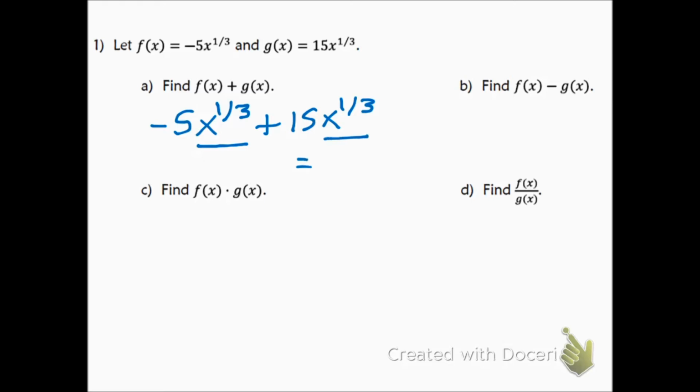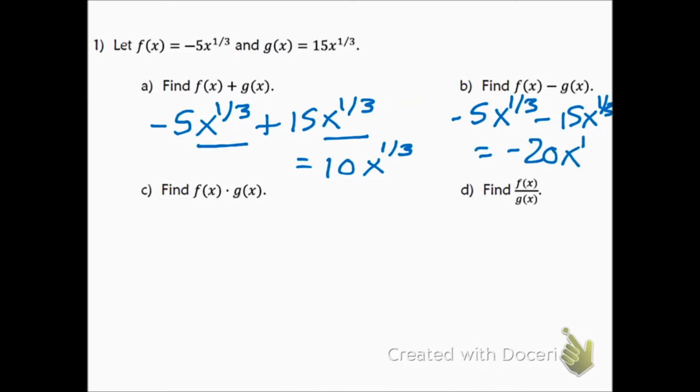This negative 5 plus 15 would just be 10, and that x to the 1/3 stays. I could do the exact same thing for f of x minus g of x. I have negative 5x to the 1/3, but now minus 15x to the 1/3. And then I'm going to subtract, so I'll get negative 20, and x to the 1/3 stays. So if I have addition or subtraction, I'm basically just combining like terms and adding or subtracting the coefficients.